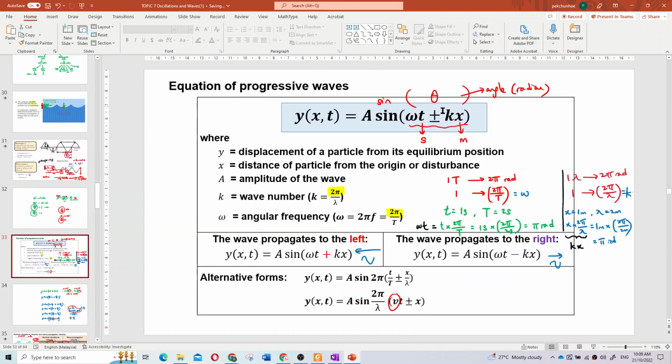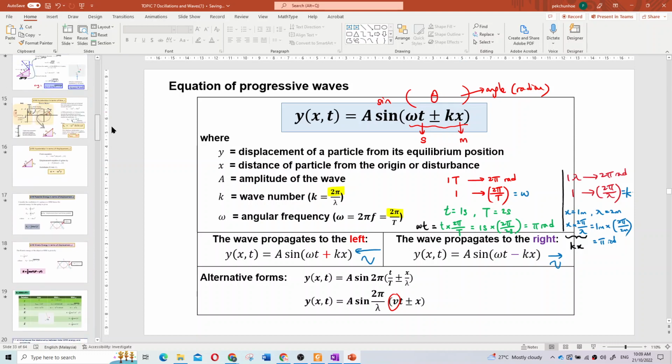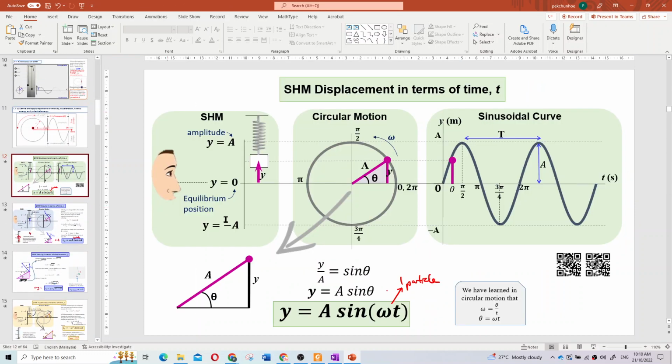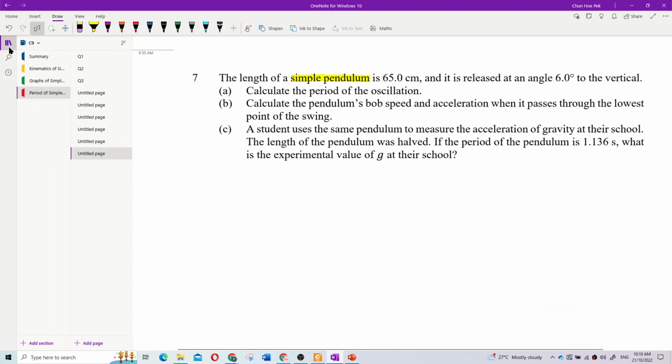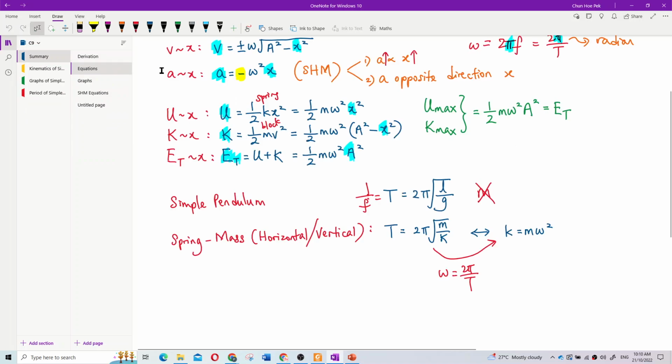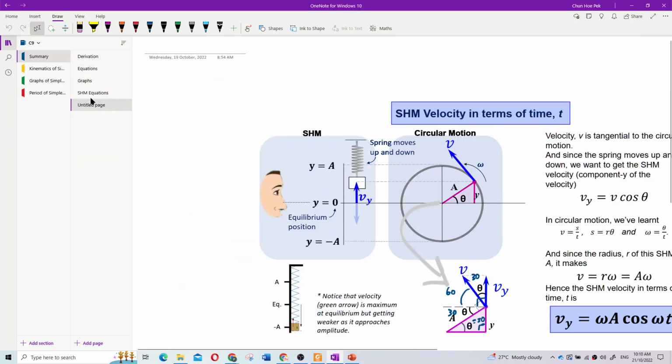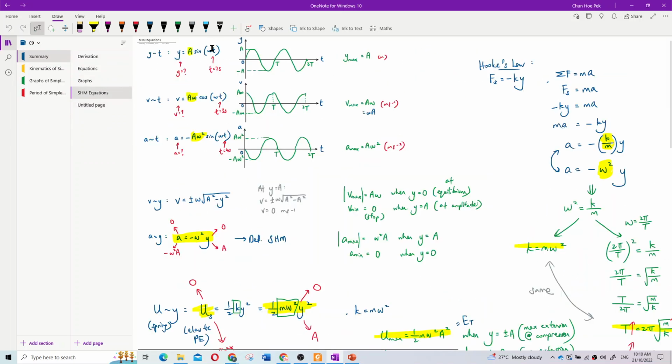Then only got plus minus kx. Kalau satu particle sahaja, like simple pendulum, is just omega t. No, tak ada plus minus kx. Okay, so formulanya inilah, just omega t saja. Ya, formula itu.